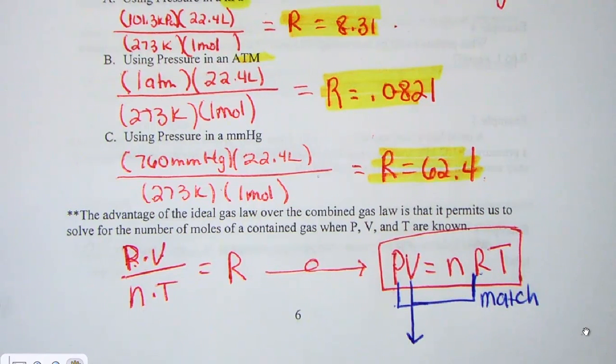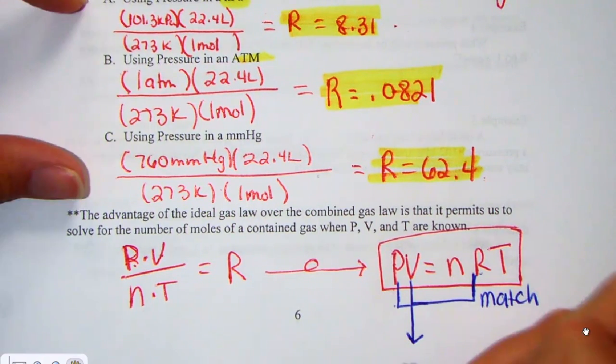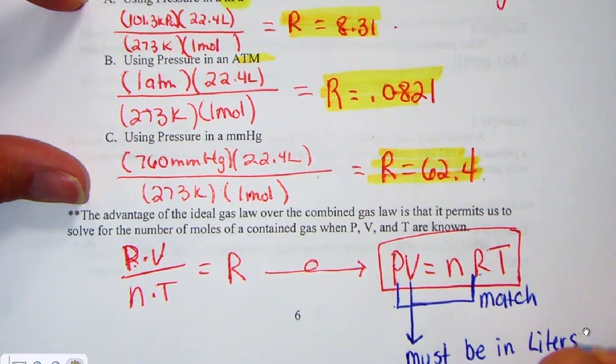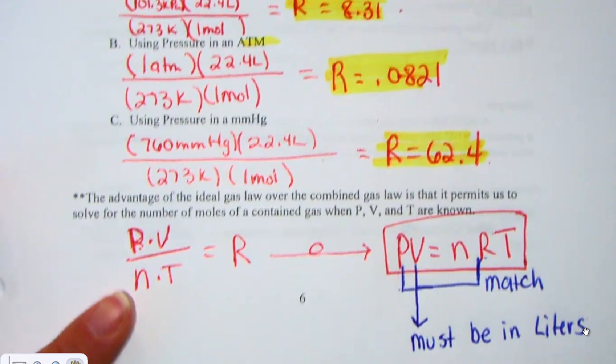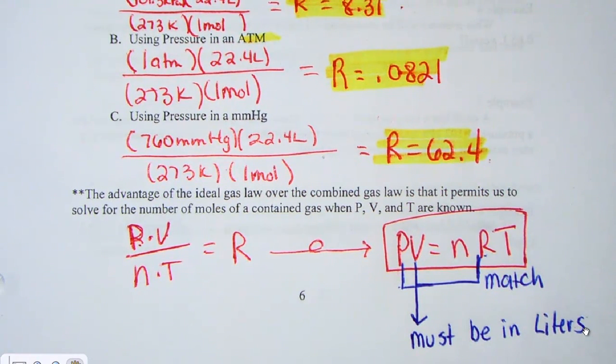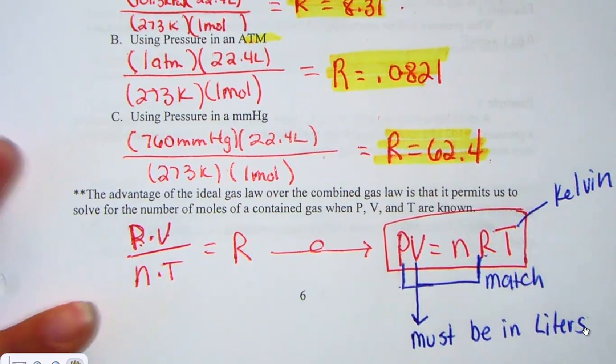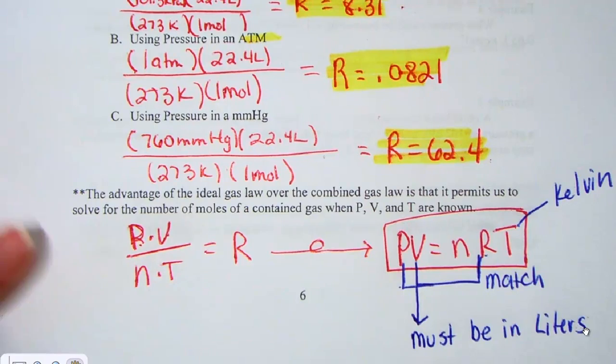So there's no choice now in this algebra. Volume must be in liters, or the R constant won't match. Now in the last set of algebra, it absolutely didn't matter what the units were, just so they were the same on both sides. But when we use PV = nRT, we've got to have a liter unit to have the R constant work out. Of course, temperature must be in Kelvin, always, always, no Celsius allowed.